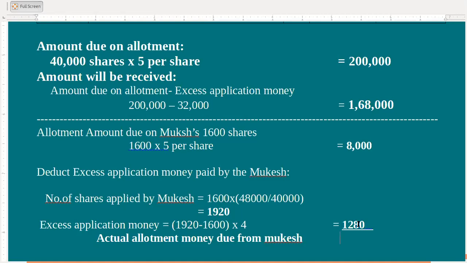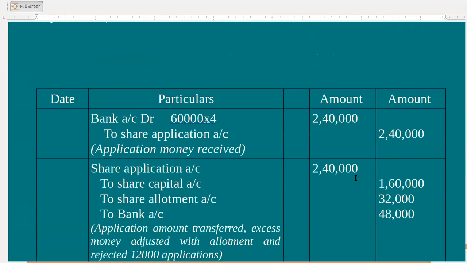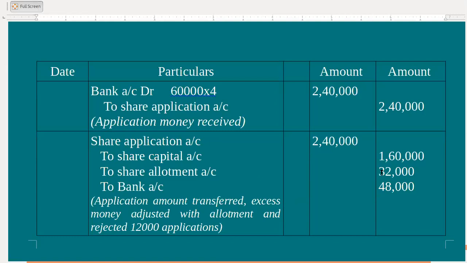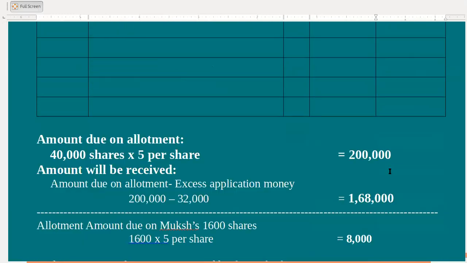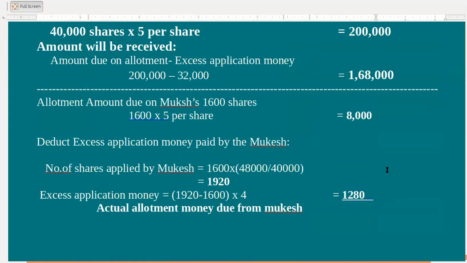This 1,280 is already transferred. When we transferred the excess application money of 32,000, it included Mukesh's excess application money also. So when computing the allotment money due on Mukesh's 1,600 shares, we have to deduct the excess application money. So what will be the real amount due from Mukesh?